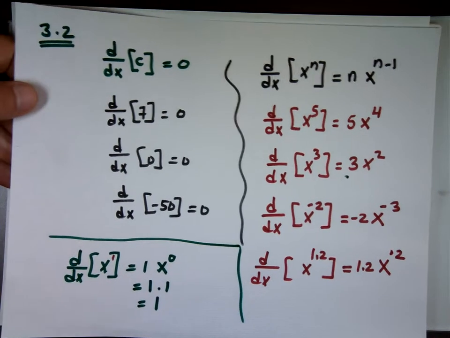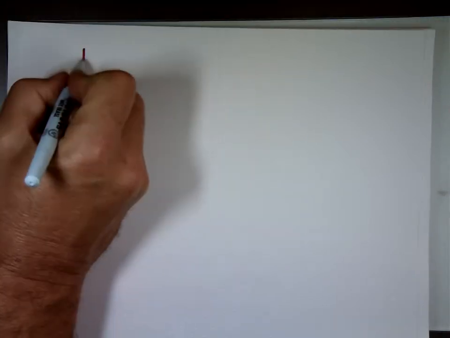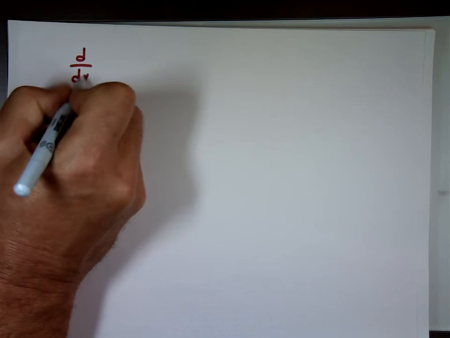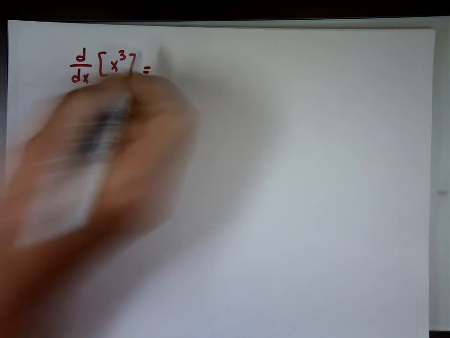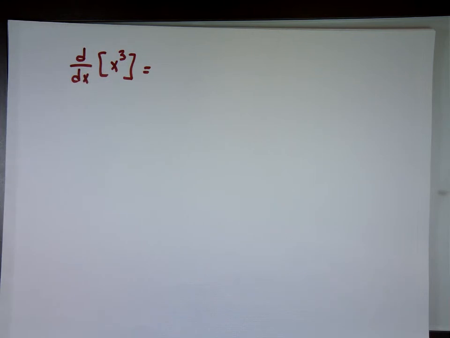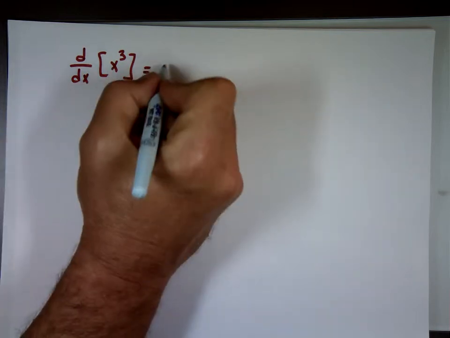Ready to try a few of them? You try it. What is the derivative of x to the third? 3x squared is the correct answer.